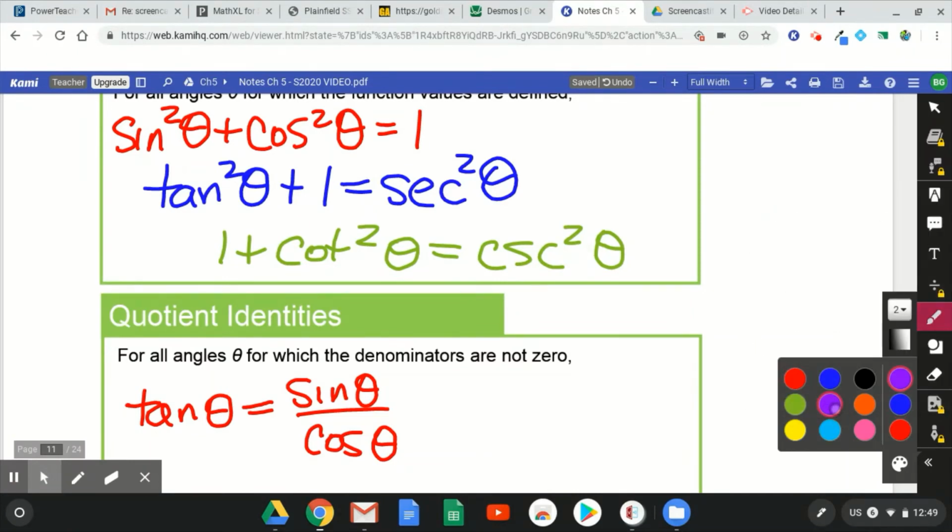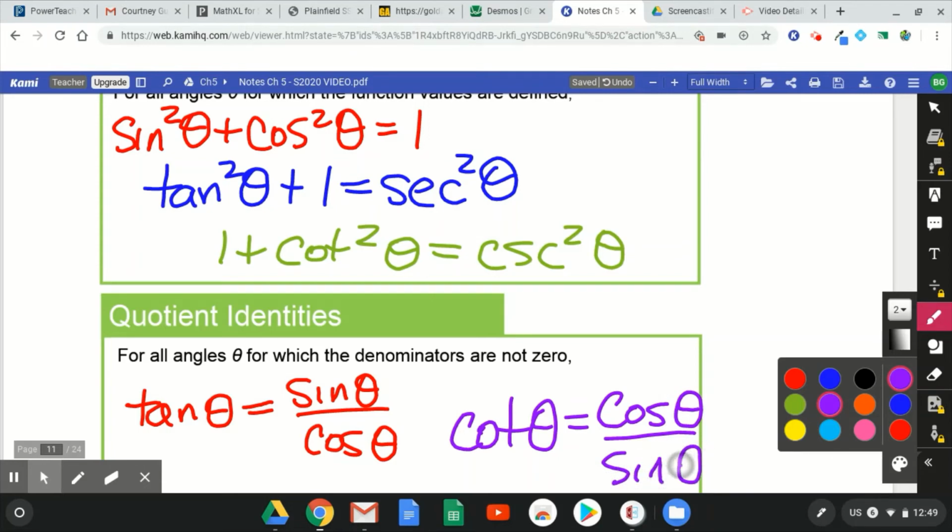Cotangent theta, if you remember that cotangent is the reciprocal of tangent, this one should make sense to you as well. Cotangent theta is cosine theta over sine theta. So there are some formulas. You're going to have a formula sheet later. You don't necessarily have to remember or memorize these, but I would remember the red ones for sure.